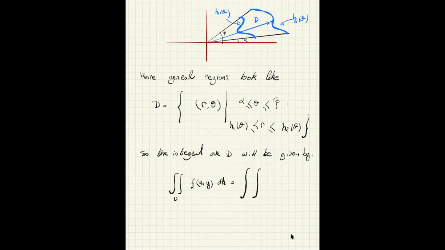Here it's going to be f(r cos theta, r sin theta), and then don't make the mistake, r dr d theta. And now r will be between h1 of theta and h2 of theta, and theta will be allowed to vary from alpha to beta.